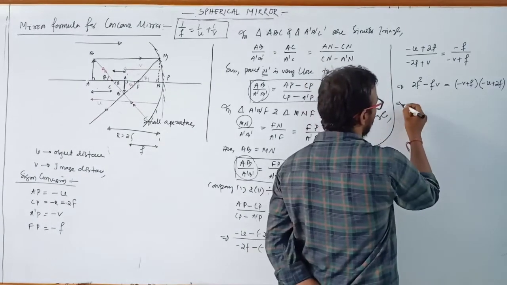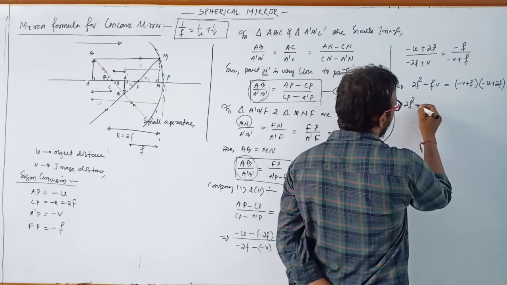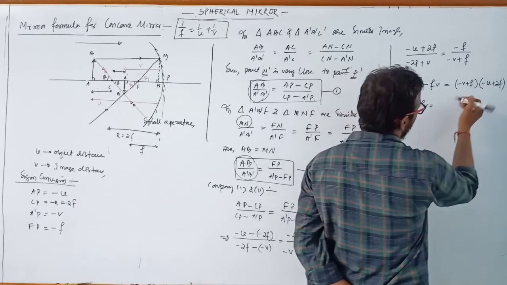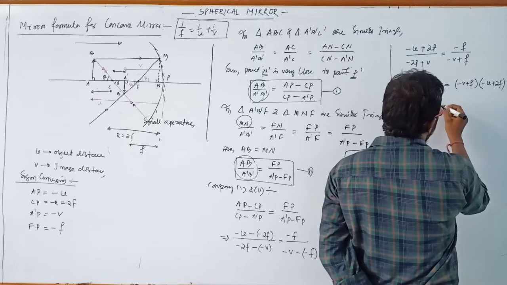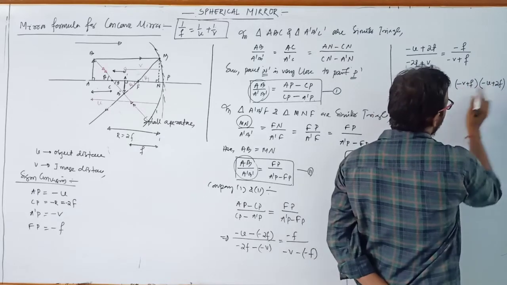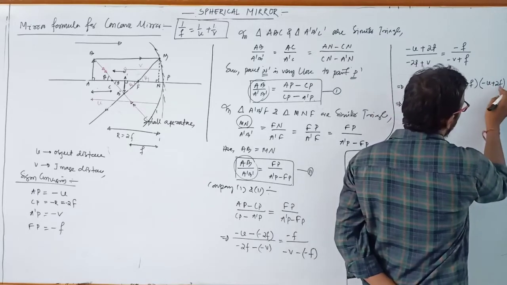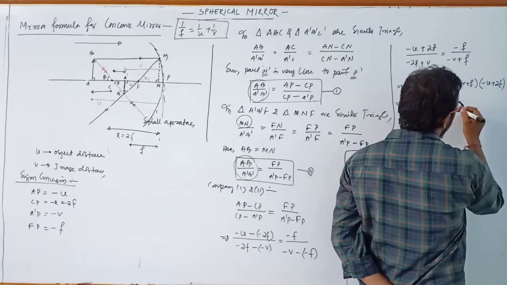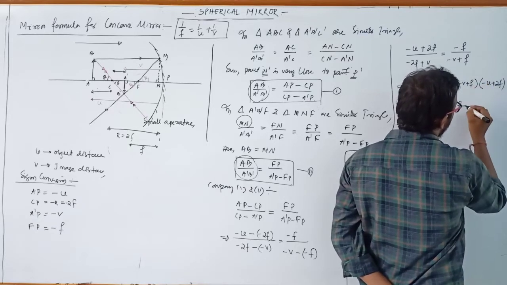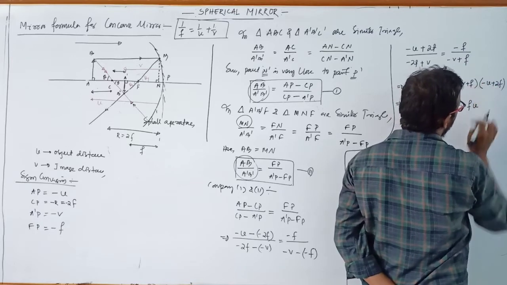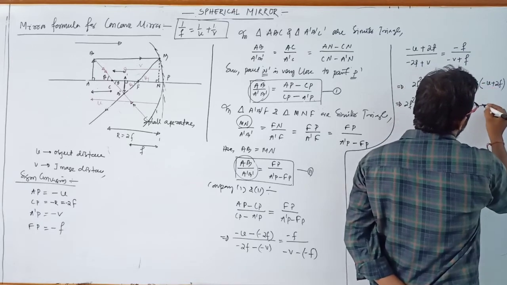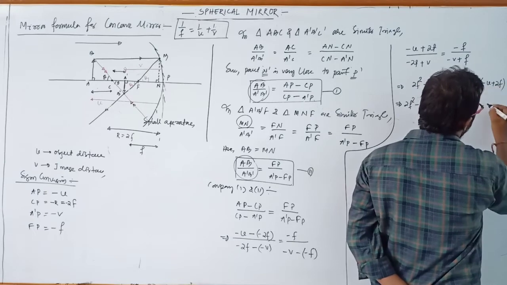Now solve this relation: 2F square minus FV is equal to minus V into minus u, that is uV, next minus V into 2F, that is 2VF, plus minus, that is FU, and again plus plus, which is equal to 2F square.